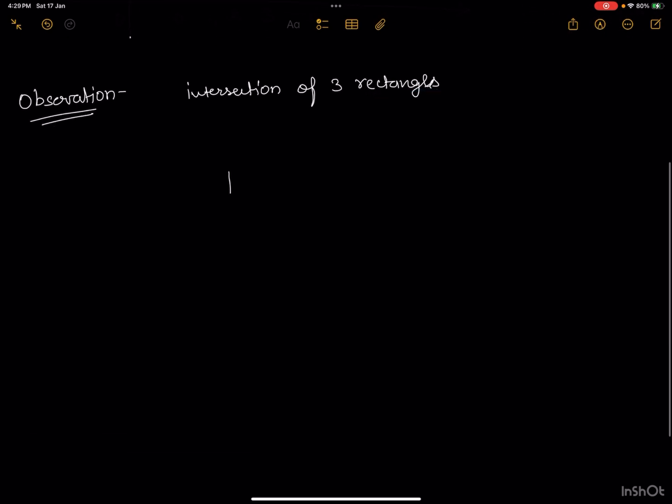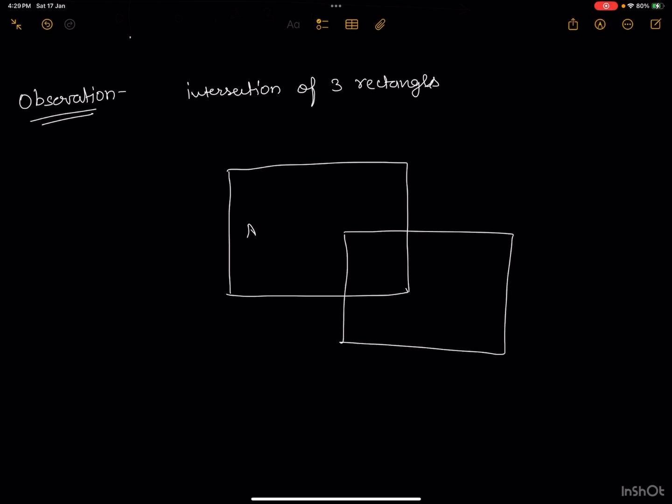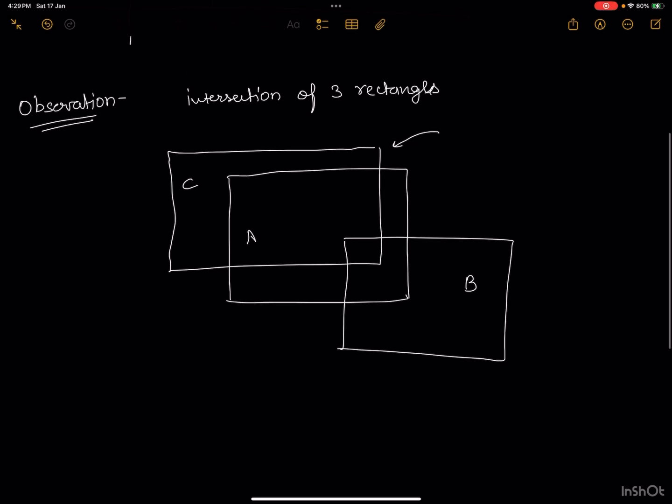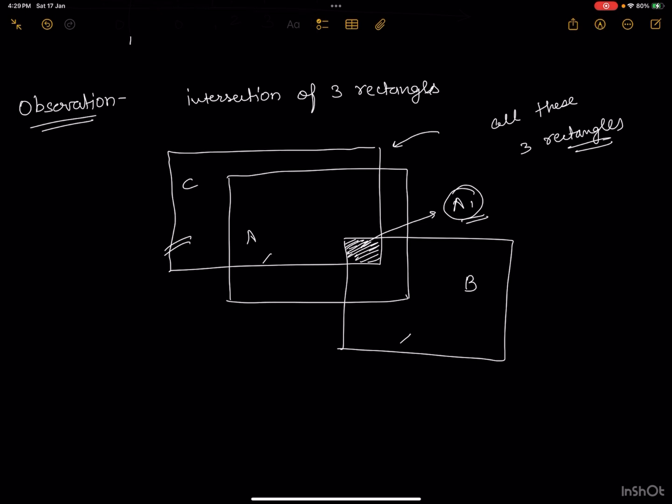This is our first rectangle, A. This is our second rectangle, that is B. And this is our third rectangle, that is C. So when we have these three rectangles and we consider the intersection of all three, then in that scenario, the area that is present here is just this one, because this is the only area, let's call it A1, which is present inside A as well as B as well as C. So this area A1 is present in the intersection of all these rectangles, so it is one of the areas that we have.